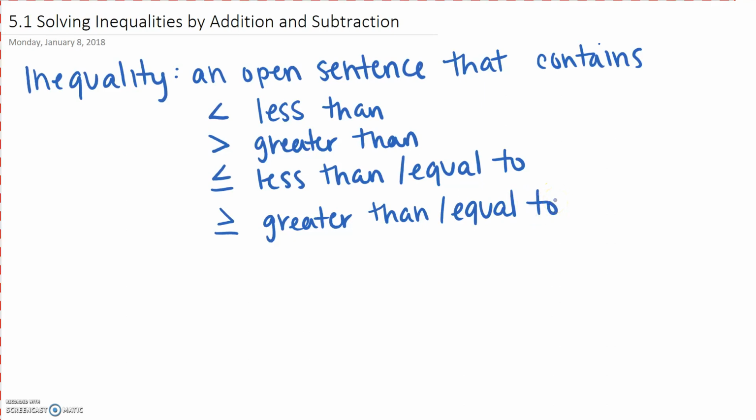The second thing we need to know, and this might be new to us, is set builder notation. This is how we write our solution to an inequality statement. So, set builder notation.